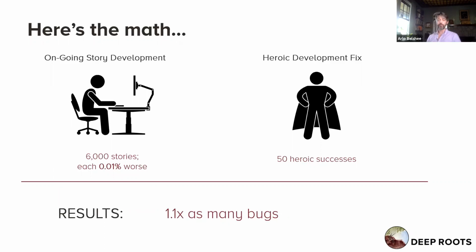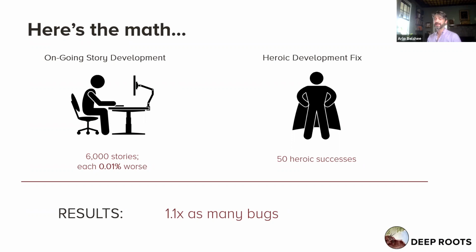In this example, they did 6,000 stories. If you do those heroic development fixes and each one reduces the entire total company's bugs by 1%, by reducing yours by 50% and some other people's by a chunk, you've got 50 of those happening in the quarter. You've got 6,000 stories. And each of those stories makes things 1/100% worse. Creates 1/100% more bugs.